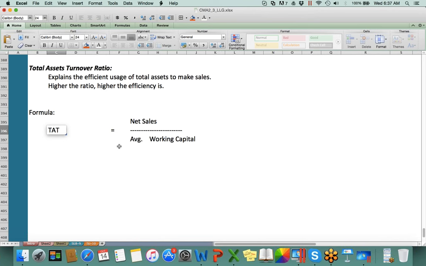So I will write here total asset turnover ratio, with average total assets.